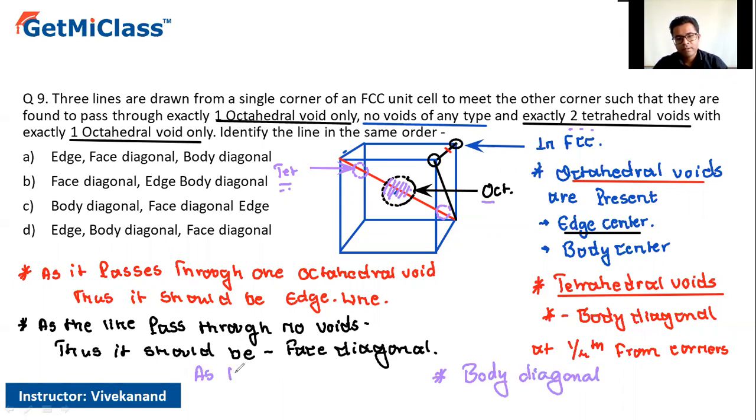As the line passes through 2 tetrahedral and 1 octahedral, right? So therefore it should be a body diagonal. So our relationship would be edge line, then a face diagonal, then a body diagonal. So therefore edge, face, body. Option A is the correct answer.